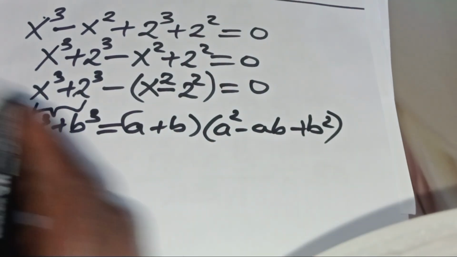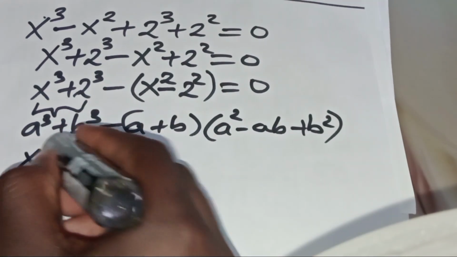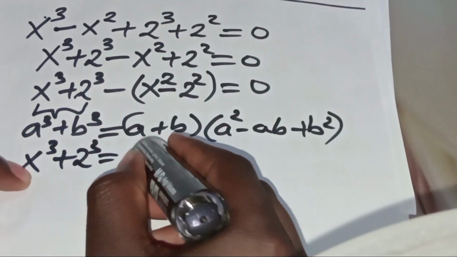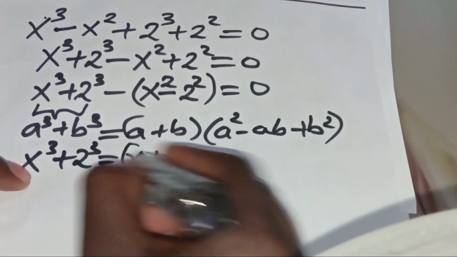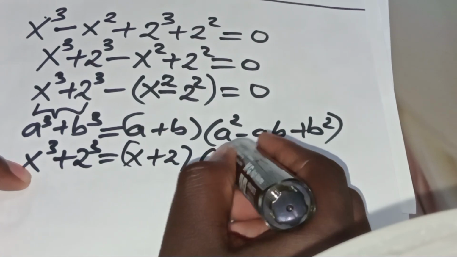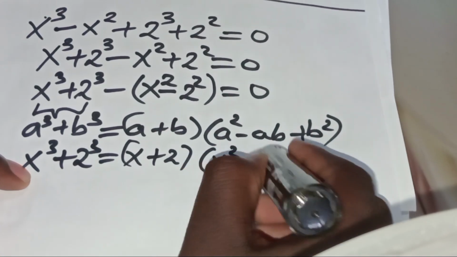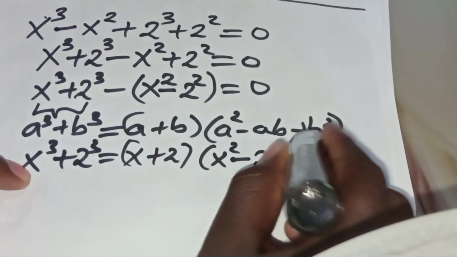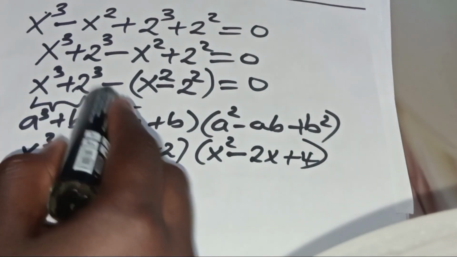So the first part, x to power 3 plus 2 to power 3, we can express as x plus 2, into x squared, subtract 2x plus 2 squared, which is equal to 4. Now this is what we have in the first part.